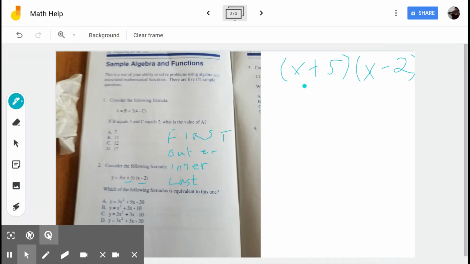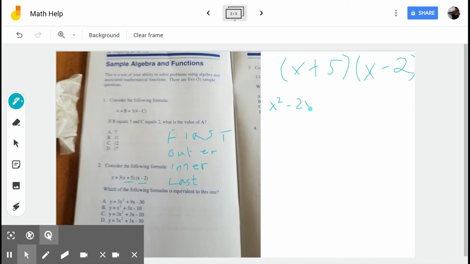So let's get started. First terms, x times x, gives us x squared. Anything times itself is a square. And then we have the outer terms, so x times minus 2 is minus 2x.